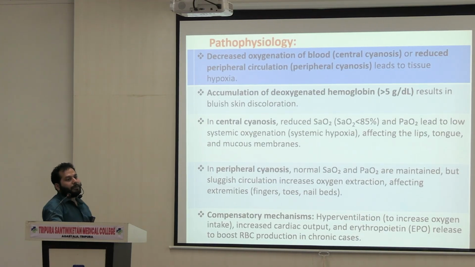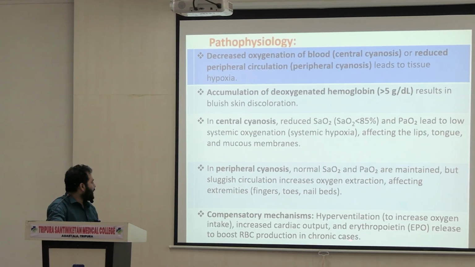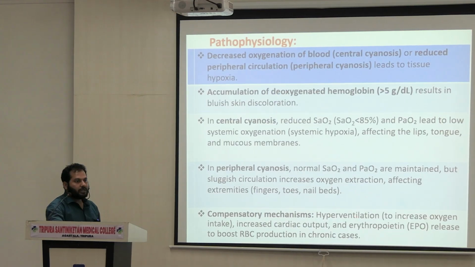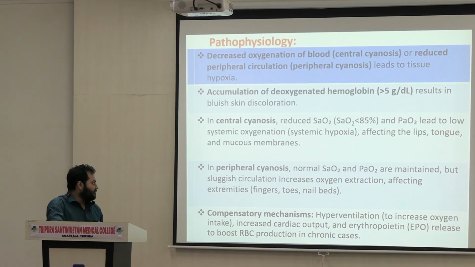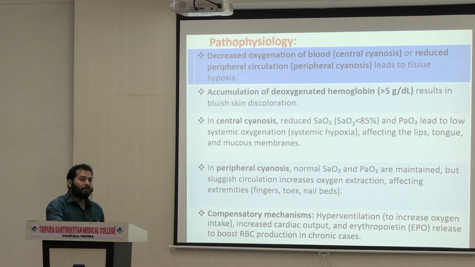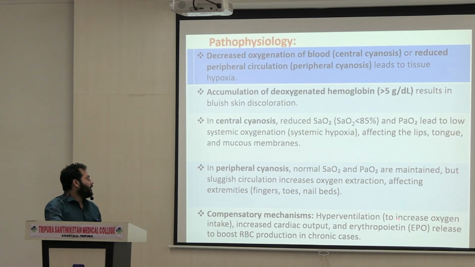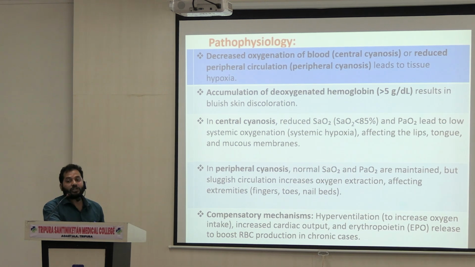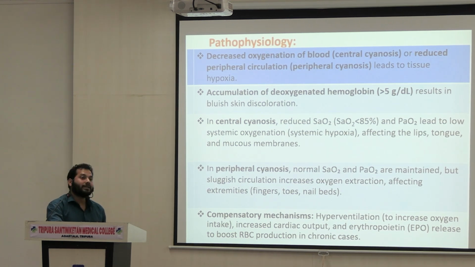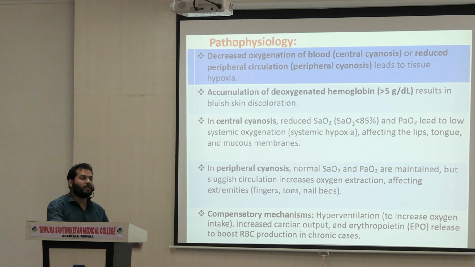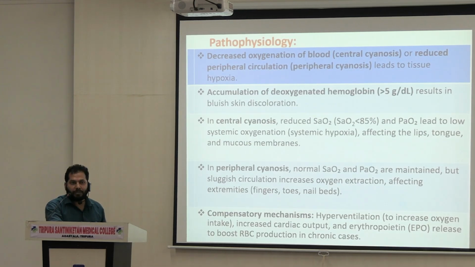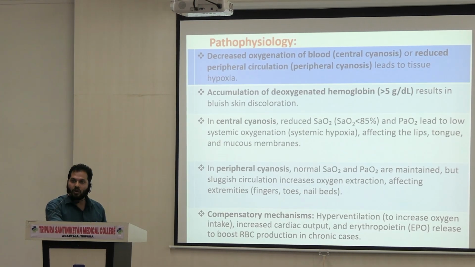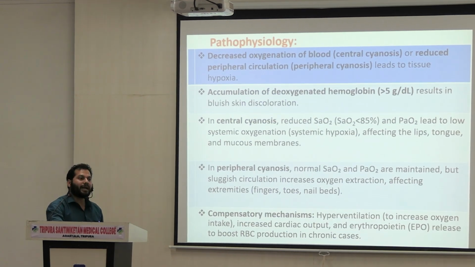What are the compensatory mechanisms of cyanosis? See, hyperventilation is very important here as a compensatory mechanism, because it helps to increase the oxygen intake. As we have already seen, in cyanosis the cells also have some oxygen deprivation. So to get sufficient oxygen, it needs hyperventilation. It is a compensatory mechanism.